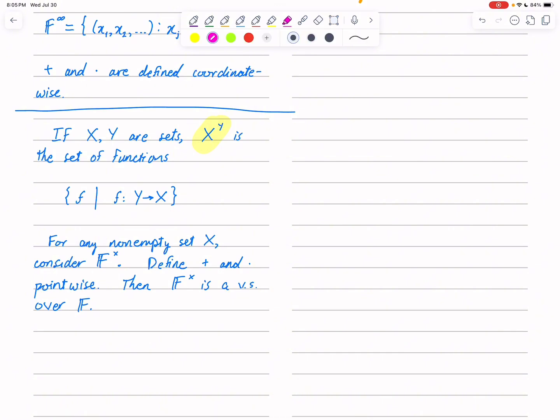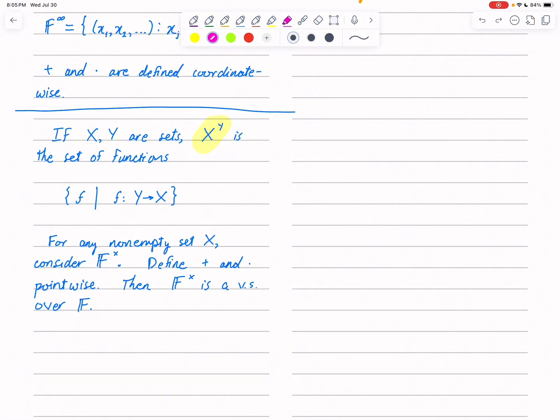Now let's take this notation, let's say that we have a non-empty set X and some field F, it doesn't matter which one, could be reals, could be complex, and let's talk about the space of all functions from X to F, right? That's what that means.